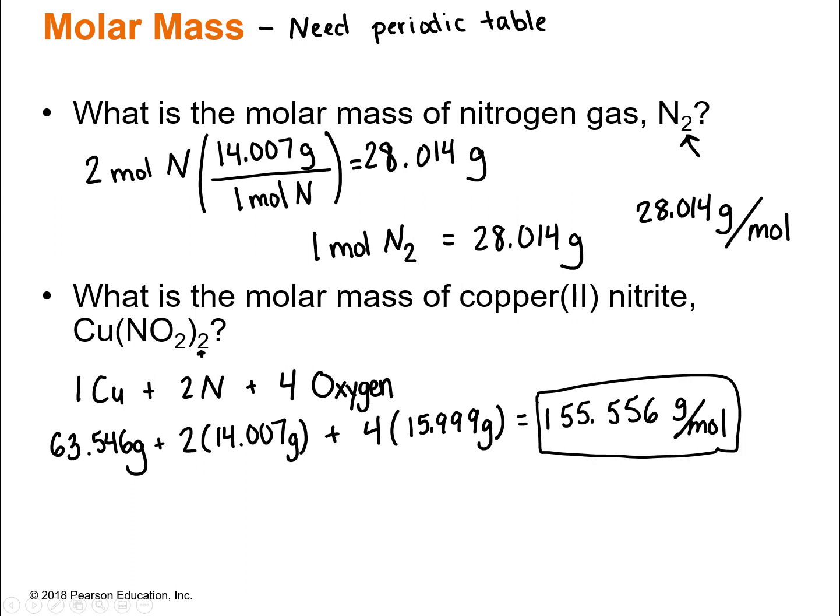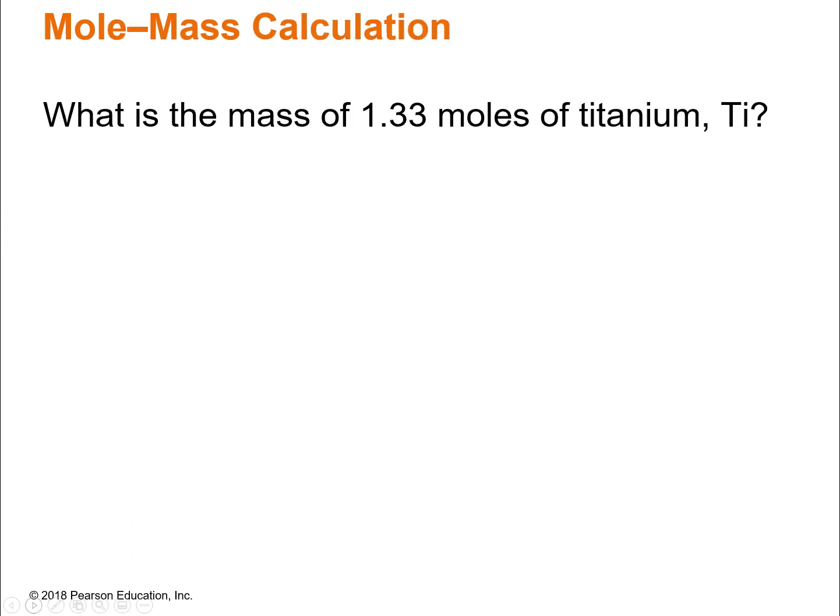Once you know how to calculate molar mass, you can use that to figure out the mass of a compound. We can use moles and mass together. What is the mass of 1.33 moles of titanium, which is Ti? So this is our second mole calculation.